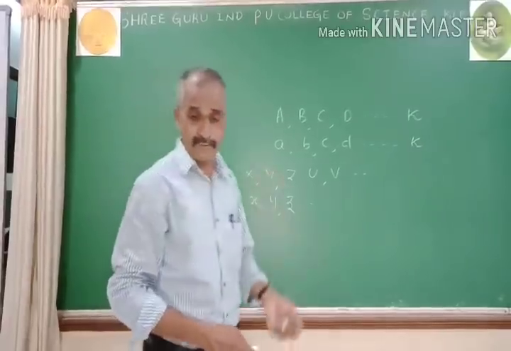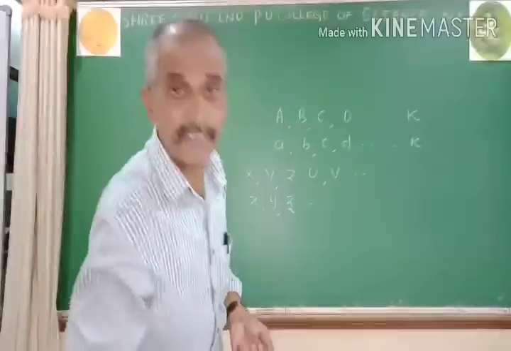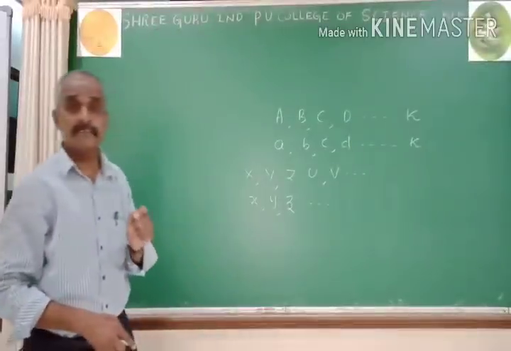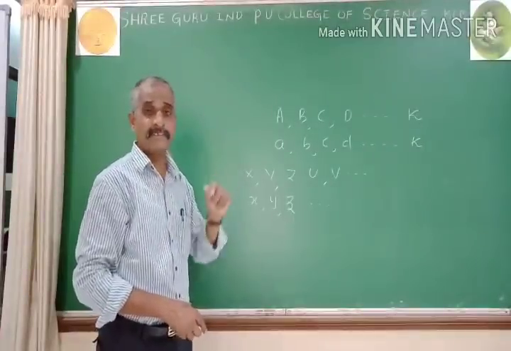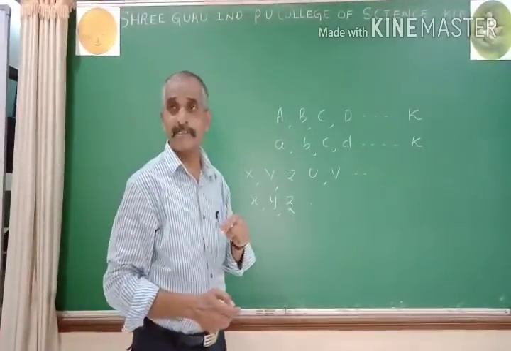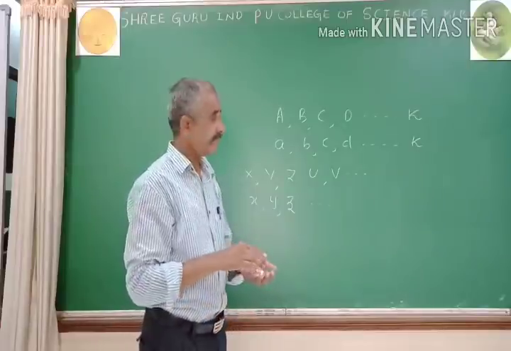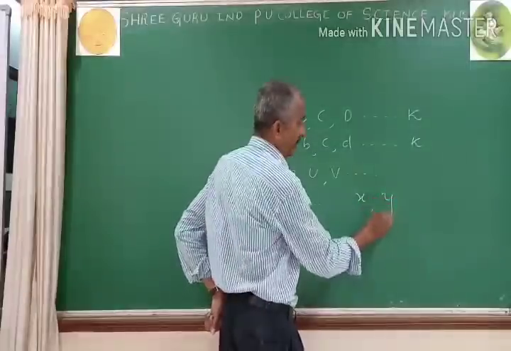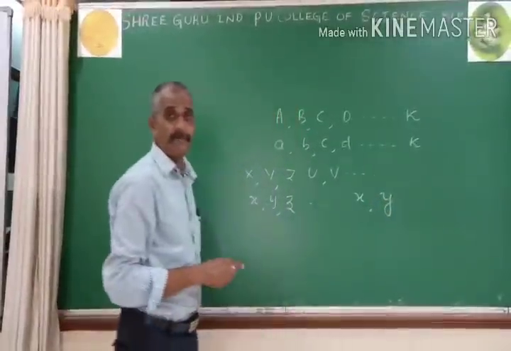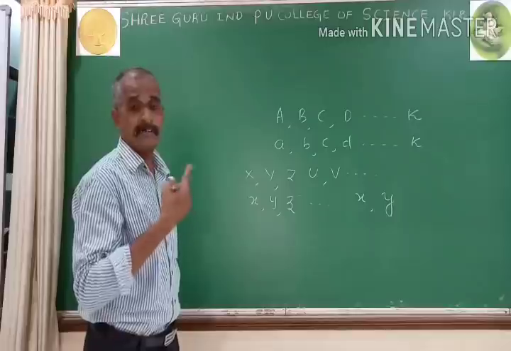So further comes function. But this is function concerned to calculus, not concerned to the topic relations and function. That is different. Here it is different. Suppose x and y are two variables. Already we have seen that a variable is a quantity which can change its value.